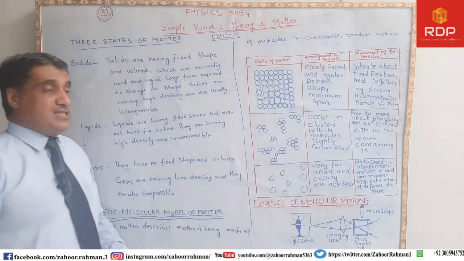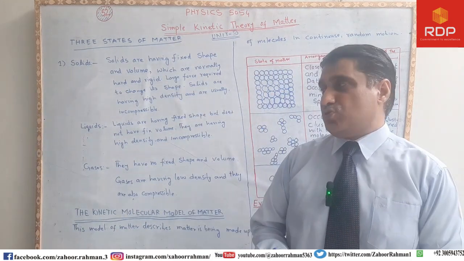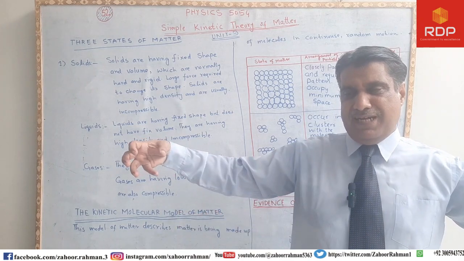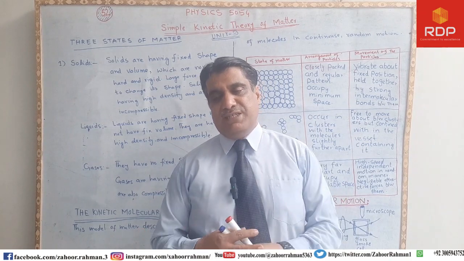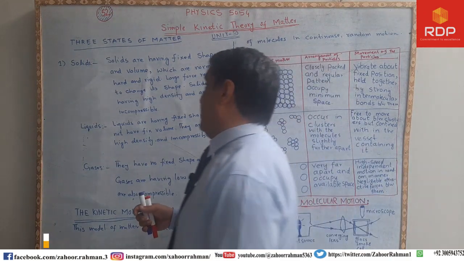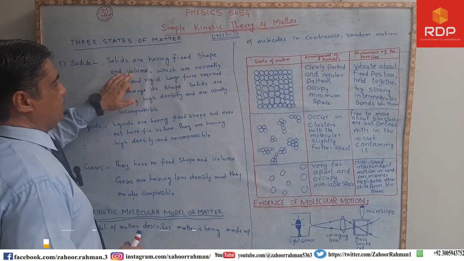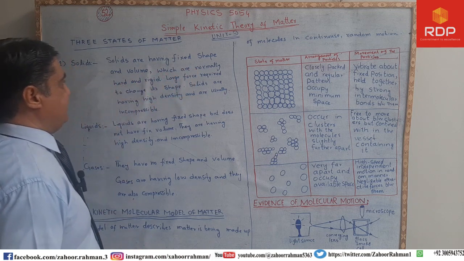If it is not changeable, then it means that its shape and its volume will also remain the same. It will not expand to every corner of the container. That is why we have fixed shape and fixed volume, and solids are normally hard and rigid.